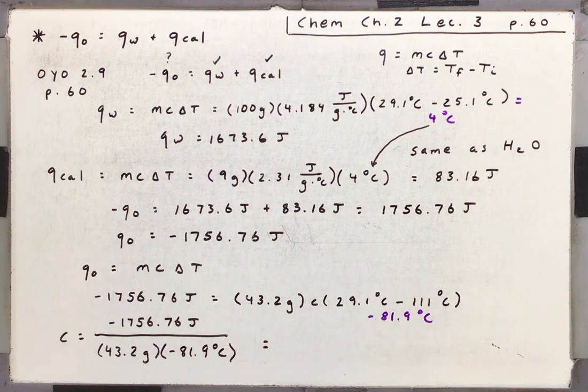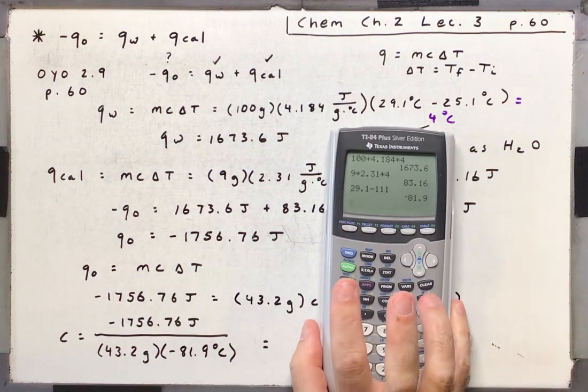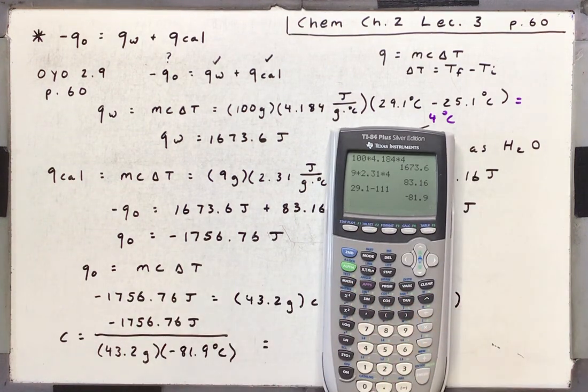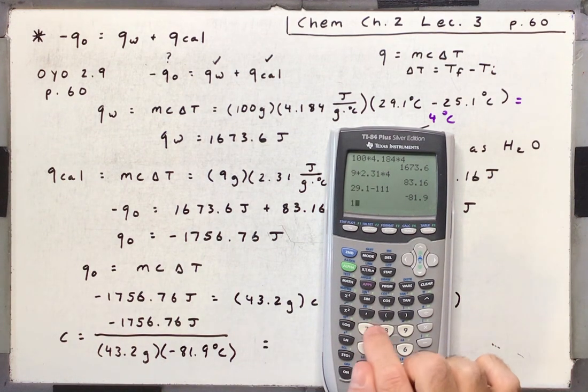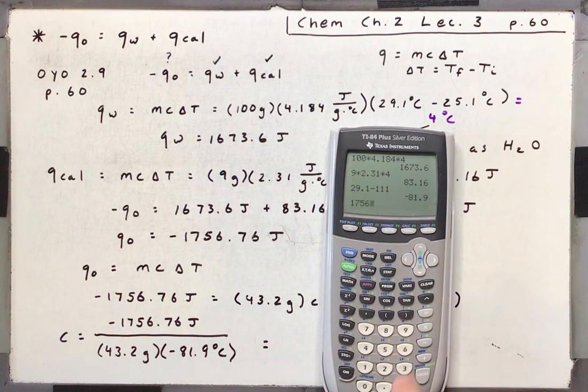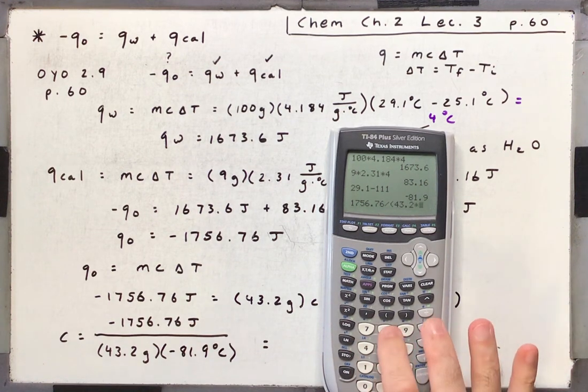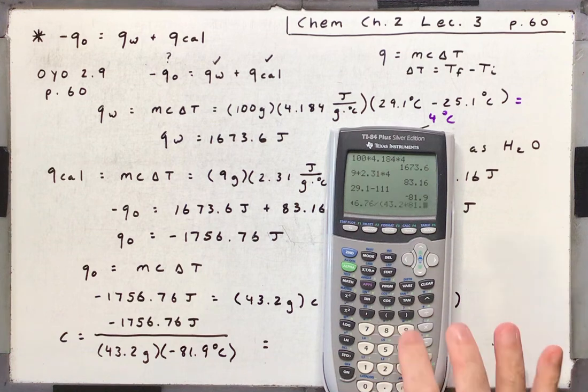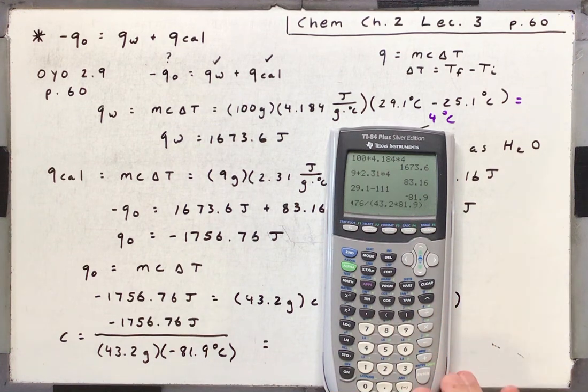All right, let me remind you the best way to put this in your calculator. I'm not going to put the negatives in at all because the two negatives cancel. So 1756.76 divided by, left parenthesis, 43.2 times 81.9, right parenthesis.